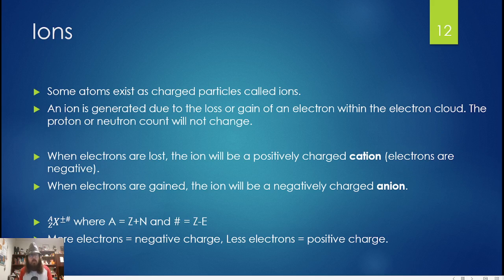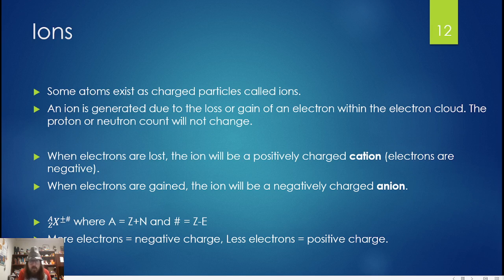Now, we've talked about neutral, but not all atoms will exist as a neutral particle. Some will exist as a charged particle called an ion. Because the atomic number, the protons, is intrinsic to the element, the atomic number cannot change.